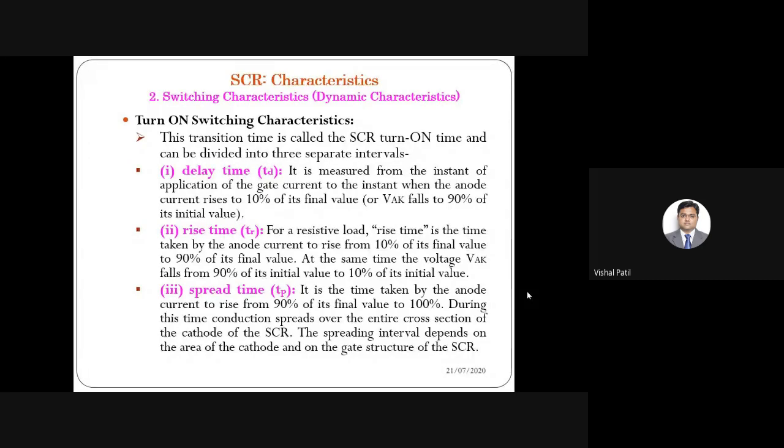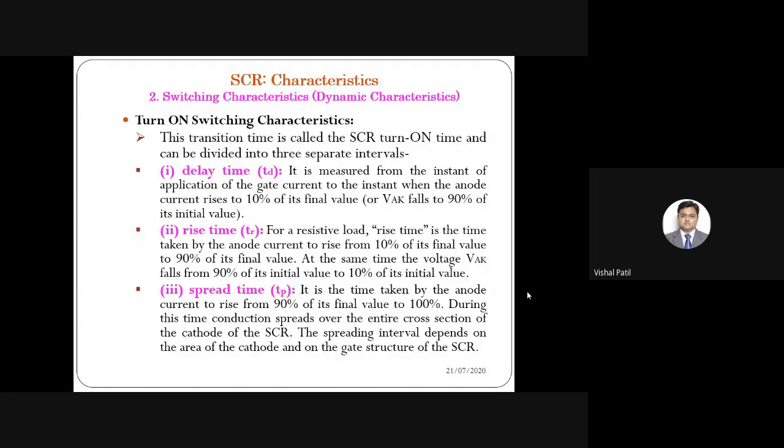I hope you are observing the waveforms while reading these definitions of the terms. Okay, then and then only you can understand. It is measured from the instant of application of the gate pulse, the moment at which the gate pulse is applied, that instant, and the instant when the anode current rises to its 10% value.